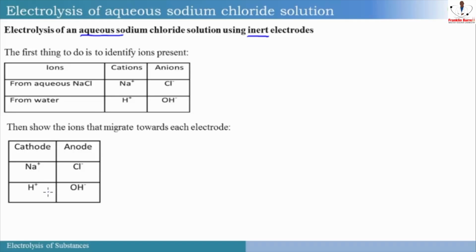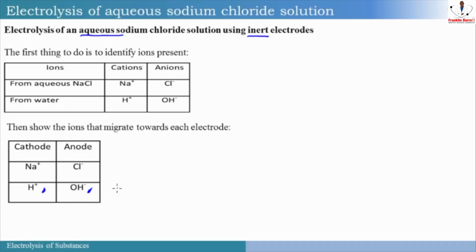Then, if we're looking at factor 1, which is the position in the electrochemical series, we'll see that H+ is lower than Na+. Therefore, H+ would be more easily reduced. In the anions, you'll see that OH- is lower than Cl-. Hence, OH- would be preferentially discharged over Cl-.